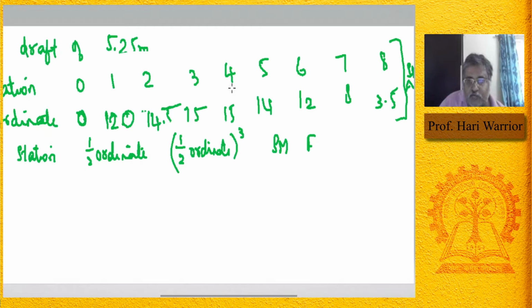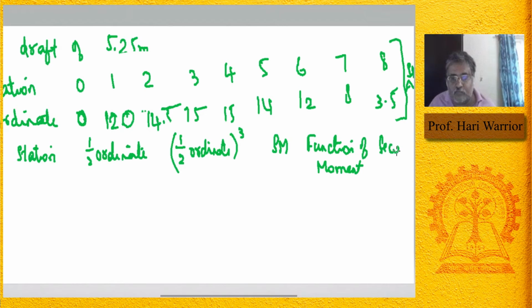So you will get the function of second moment actually. So you will get this.